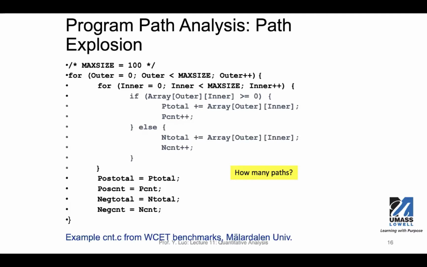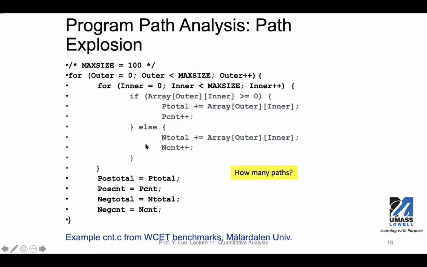And if we consider these separate paths, the question really is how many different paths are possible. So let me make this problem even simpler. Let's say we don't have this for loop at all, we only have this from the if up to here.